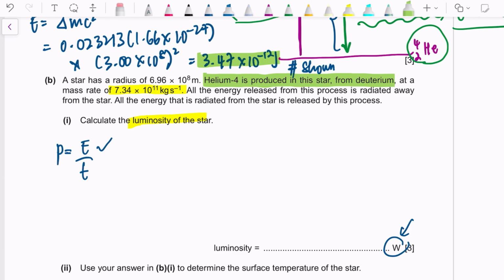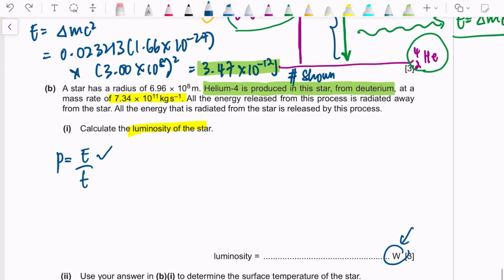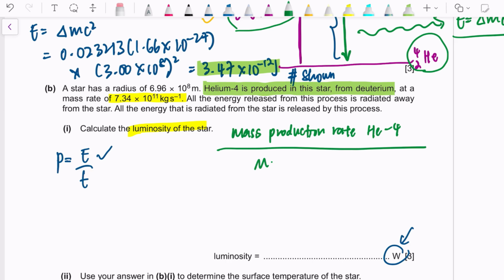To find the number of helium nuclei produced per second, we can take the mass production rate of helium-4 divided by the mass of one helium nucleus.